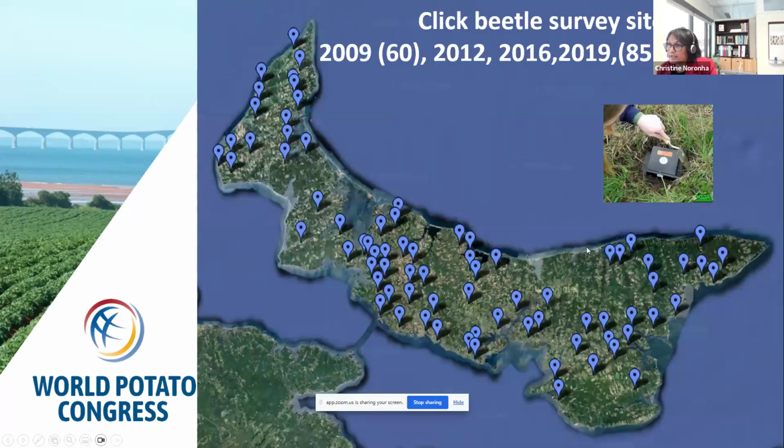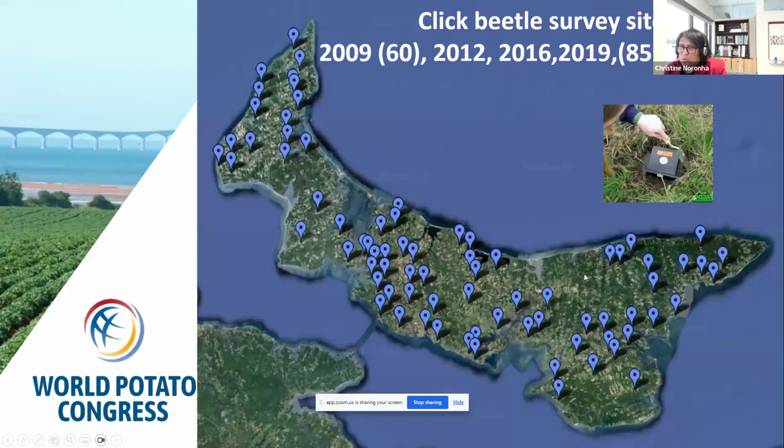During all this time, we started surveying the wireworm population across the island, and we went back to the same site every 2-3 years to look at what the population was in these fields.